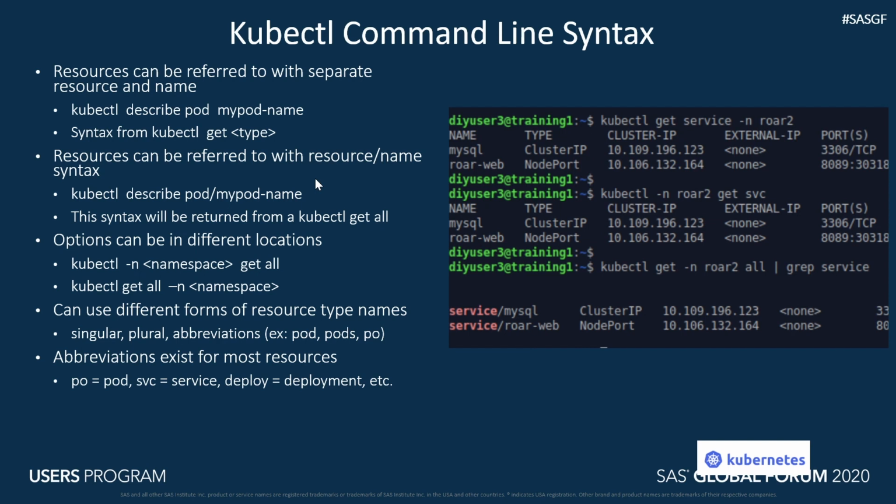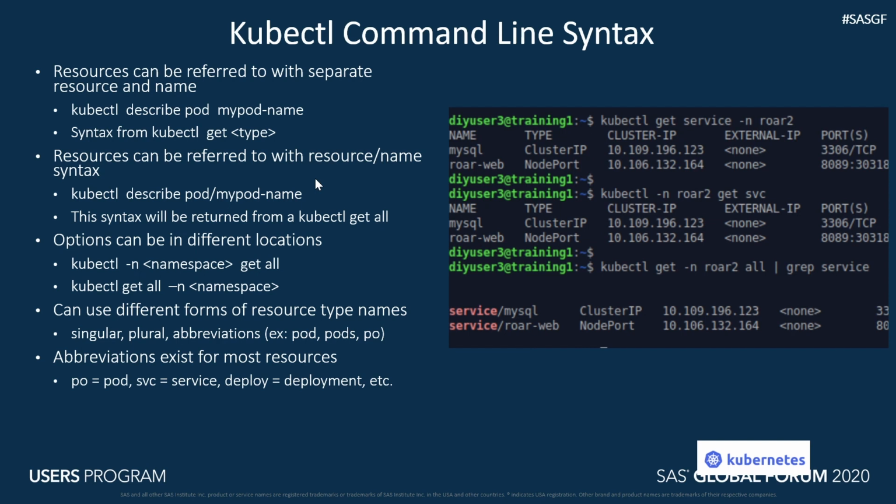And you see that we have the MySQL and the Roar Web ones out there. We can also just do the get services out there to get a list of all of them in the second example there.